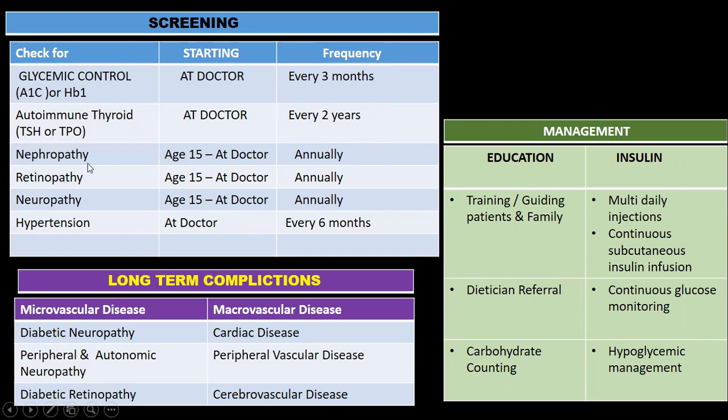Then we come to nephropathy. By the age of 15, we need to see the doctor, and the frequency is annual. Retinopathy means the retina, concerning our eyes, age up to 15, at the doctor, annually, and neuropathy is annual and at the doctor.